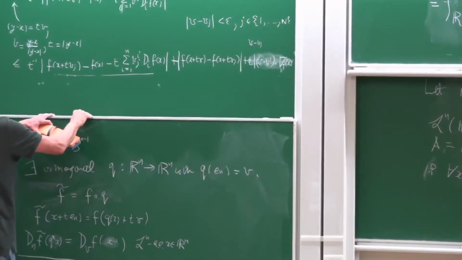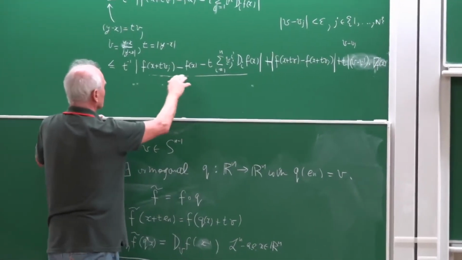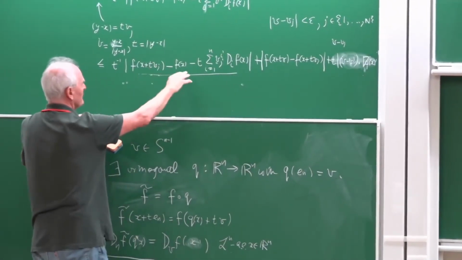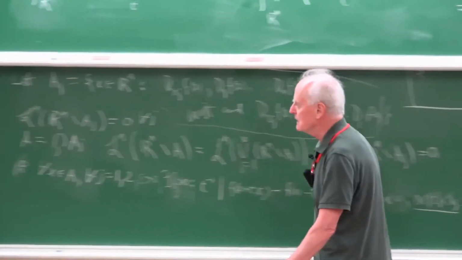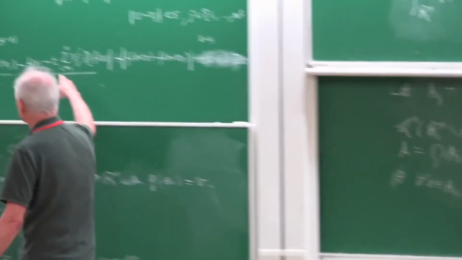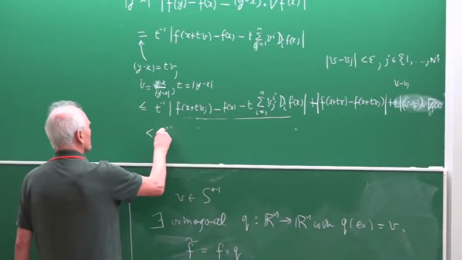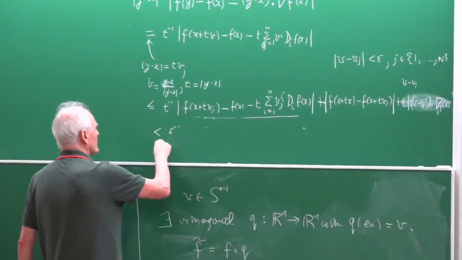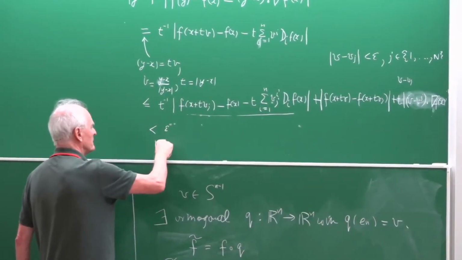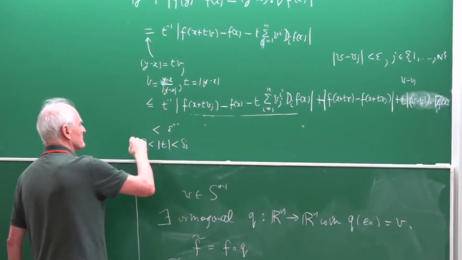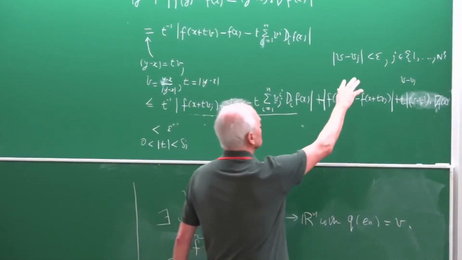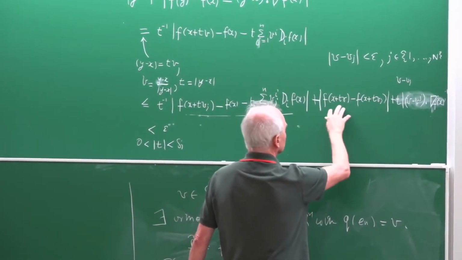Okay, so let's see what we can say about this. This guy should be less than epsilon as long as we take the absolute value of t less than delta_j, bigger than 0. We've got to keep track of the conditions. What about this guy?